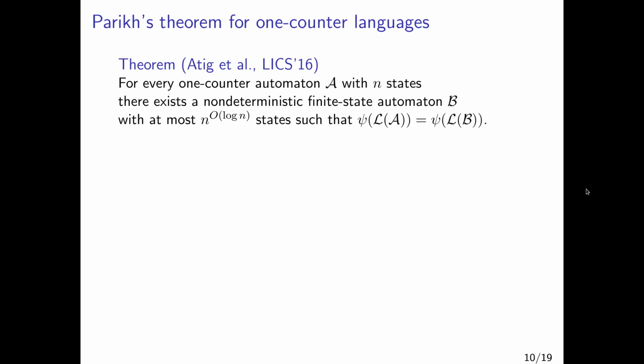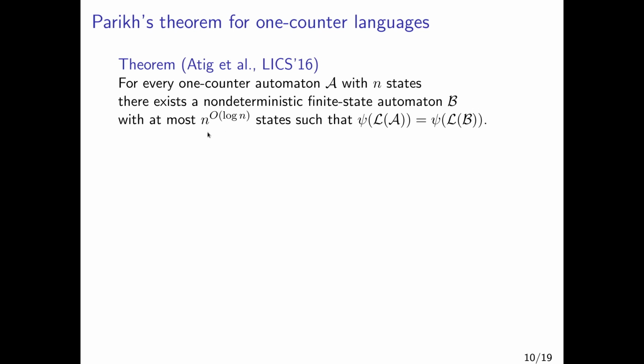A few years ago, a big team in which I was honorably included, Fauzia Attique, Piotr Hofman, Georg Zetzsche, Kumar, and Prakash Saivasan, we proved that, in fact, if you start with a one-counter automaton with n states, then you can find an NFA of size n to the power log n that is Parikh-equivalent to the initial one-counter automaton.